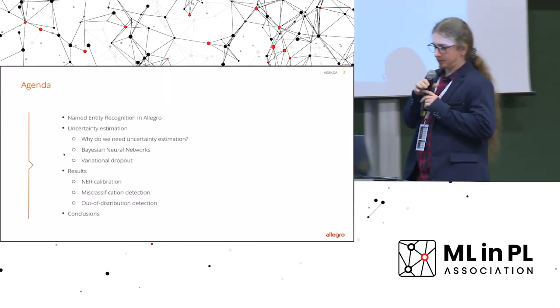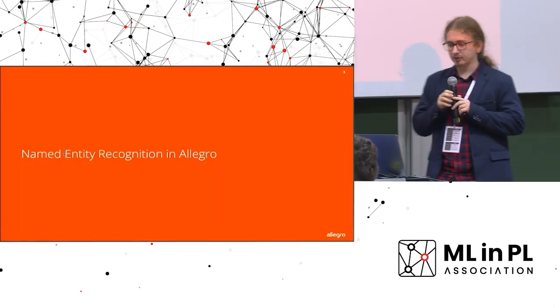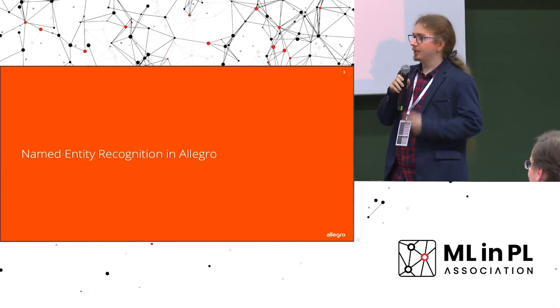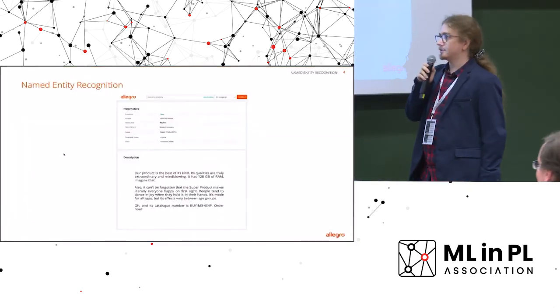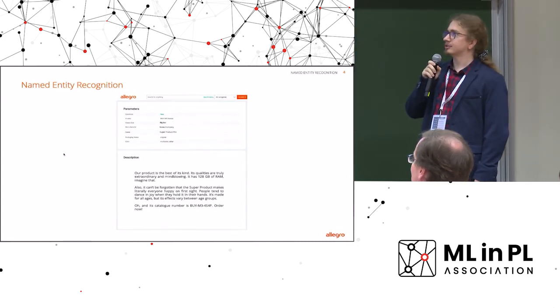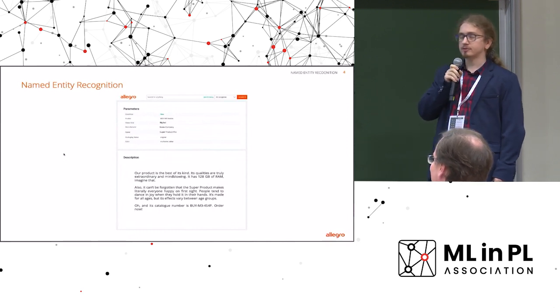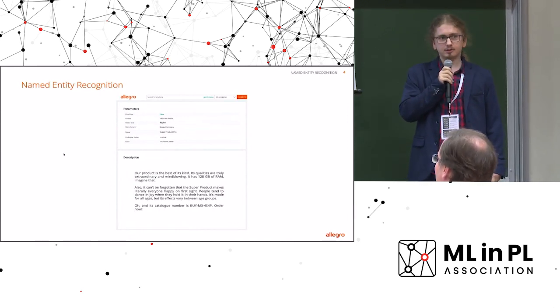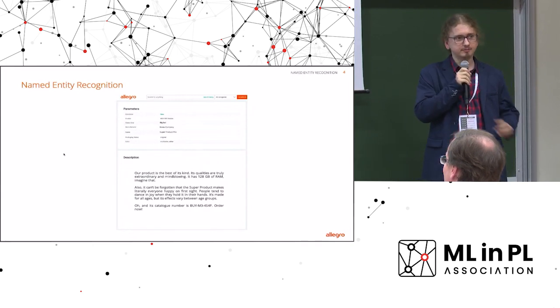So, as I said, let's start with the problem of named entity recognition in Allegro. I'm sure most of you are aware, and for those who are not, I will explain. Allegro is an online marketplace platform where registered sellers can basically list any product for sale.